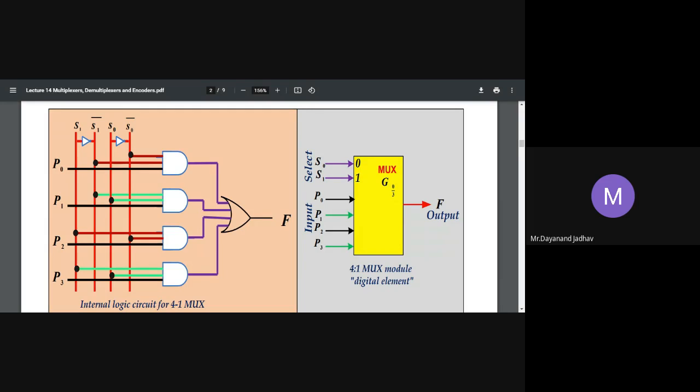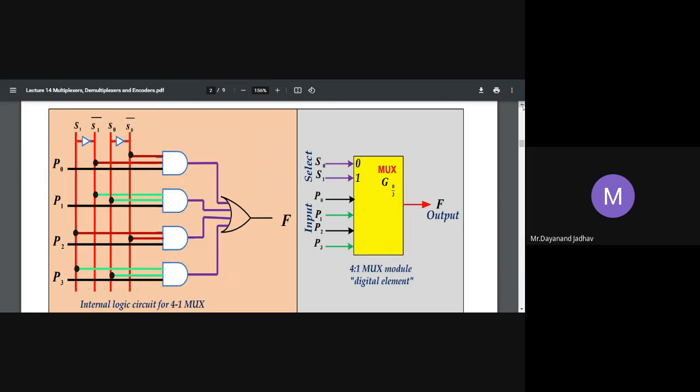Then S bar P0 and S P1, these are in the OR operation. Two AND gates and one OR gate are required when we design a 2 to 1 mux.